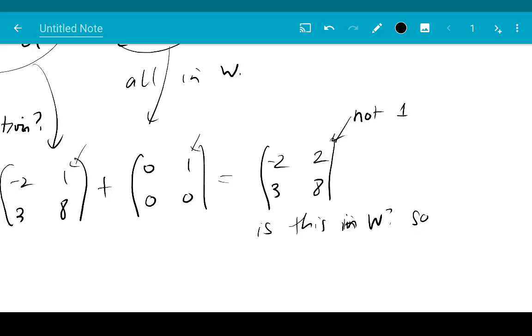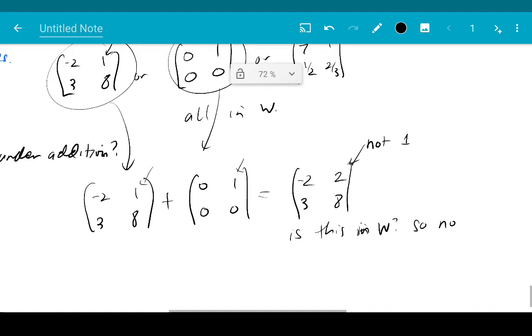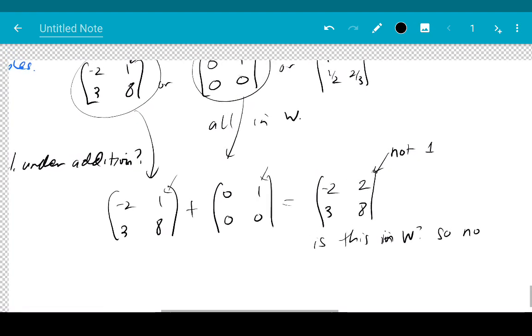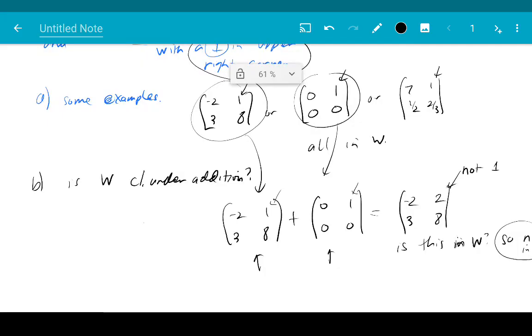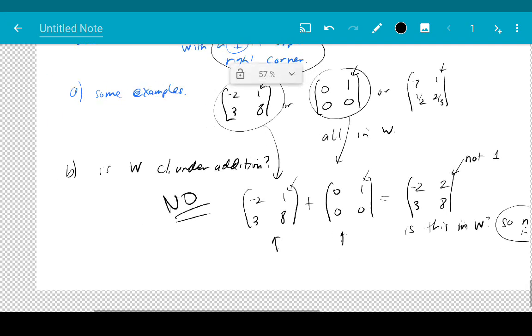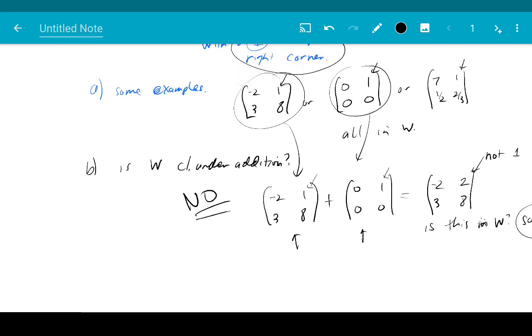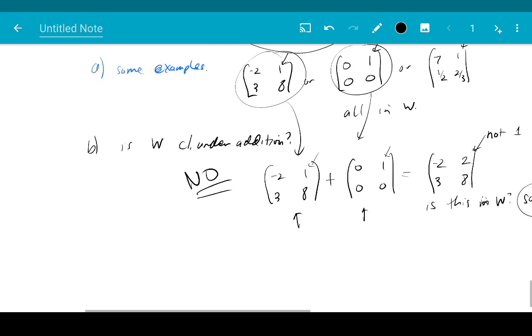So it's not in W, and since it's not in W, we added 2 things in W, we added this and this, and we got something that's not in W, which means it failed that condition. It is not closed under addition. Okay, so diagonal 2 by 2 matrices are closed under addition, but matrices of this type with a 1 in the upper right corner are not.